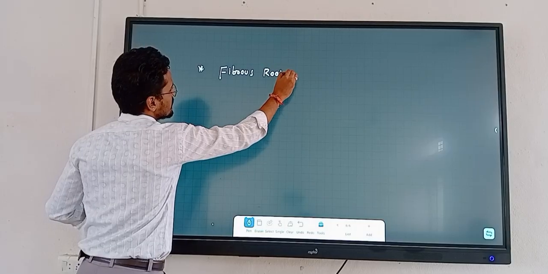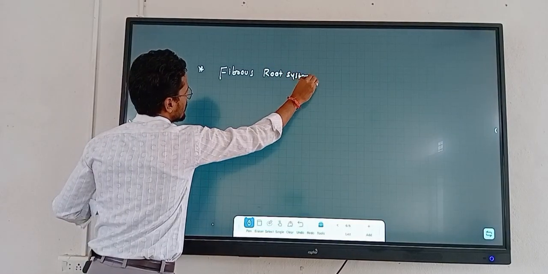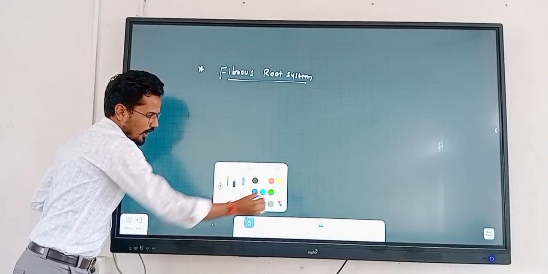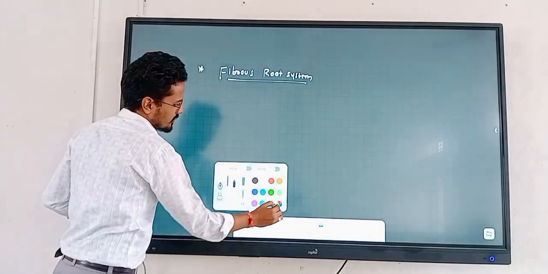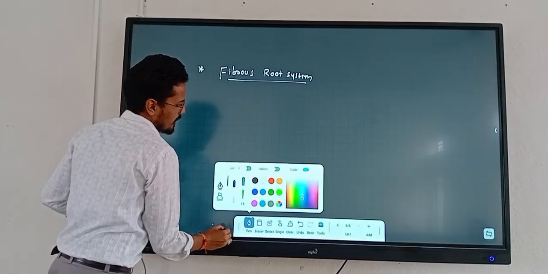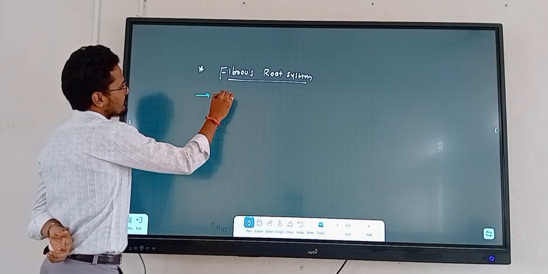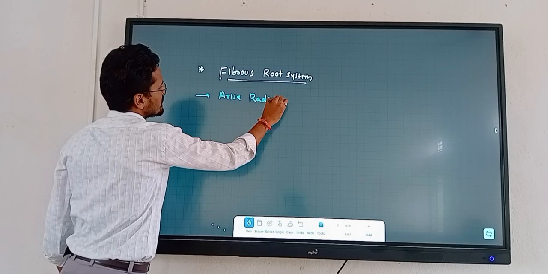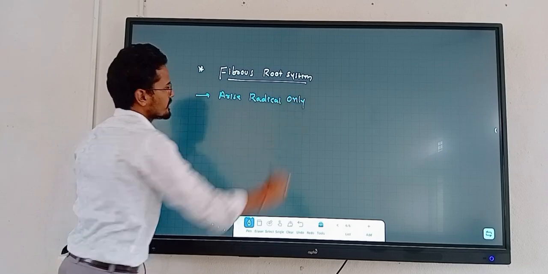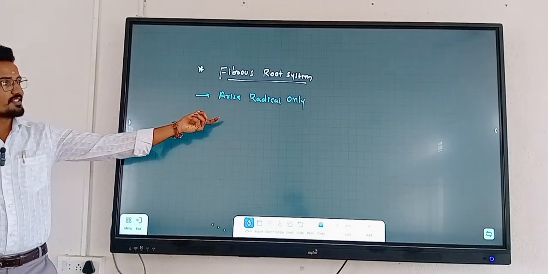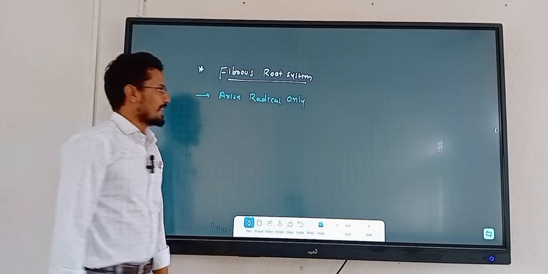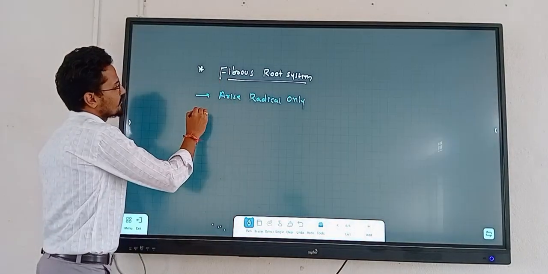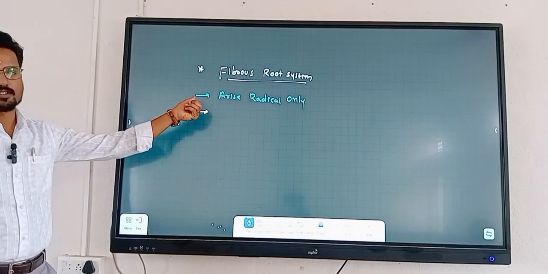This fibrous root system also arises from the radicle only, but it is somewhat different from the taproot system.